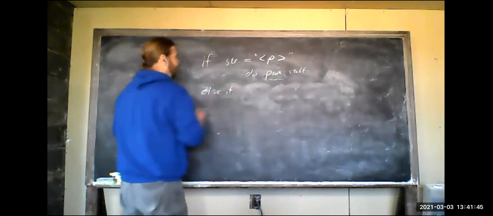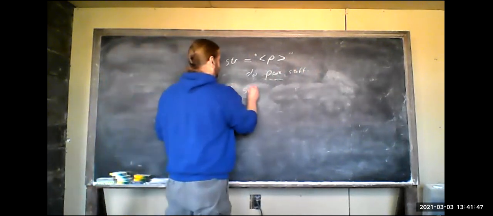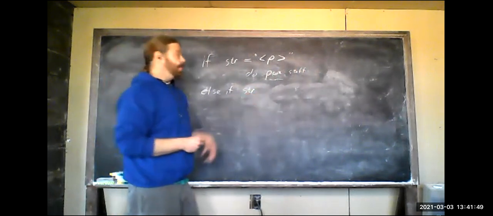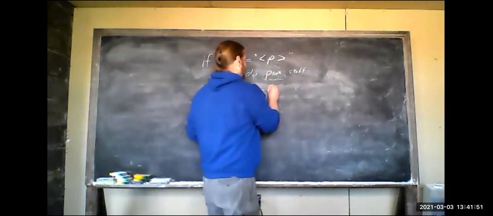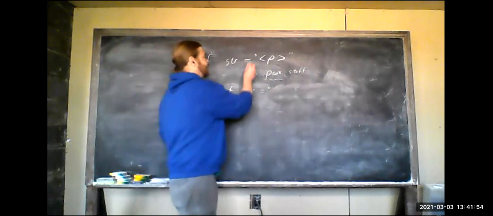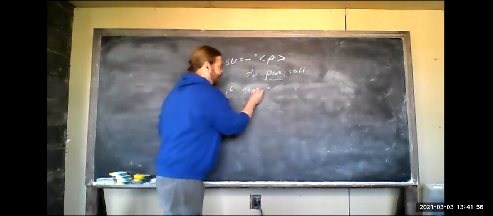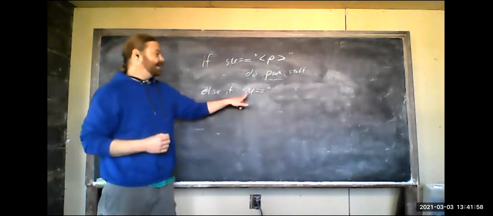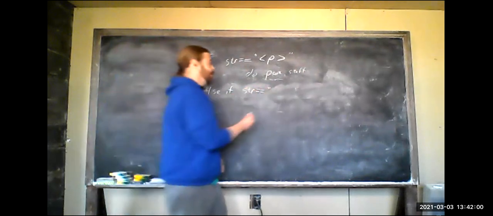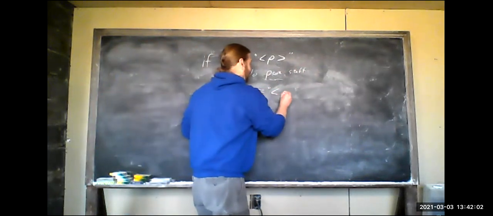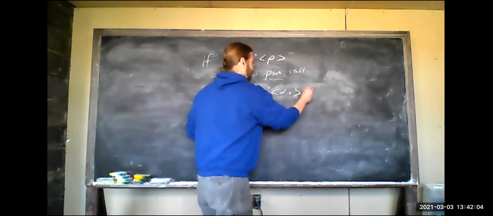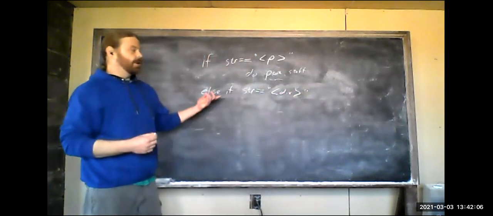Else, if that string of Unicode passing through the processor is equal to, I should put two equal signs, not assigned, that string is equal to a div tag, then we're going to probably do layout stuff.